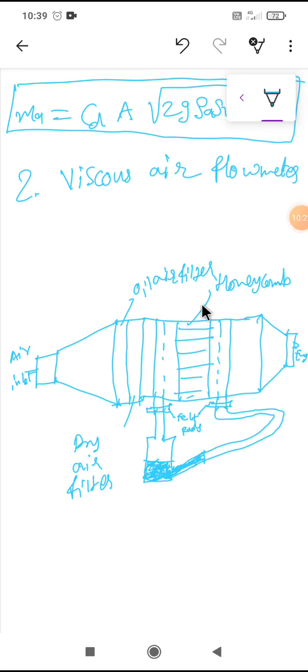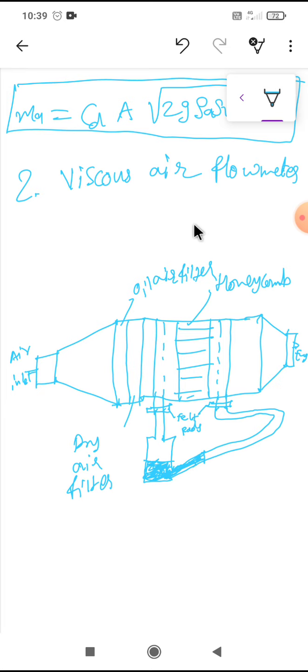So this meter uses an element where, as I said, viscous resistance is the principal source of the pressure loss. We will neglect the kinetic effects. The air is passed to the air filters, the oil air filter and dry air filter, so as to remove any contamination in the air.